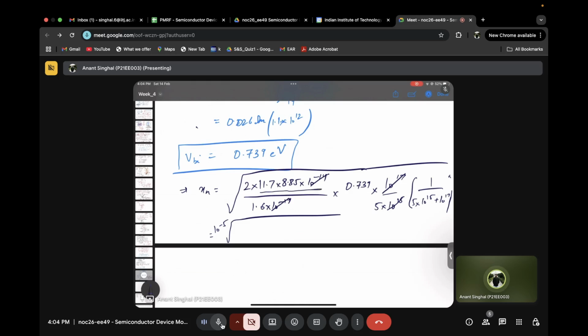11.7 times 8.85 into 10 to the minus 14. This is the relative permittivity and this is the absolute value.